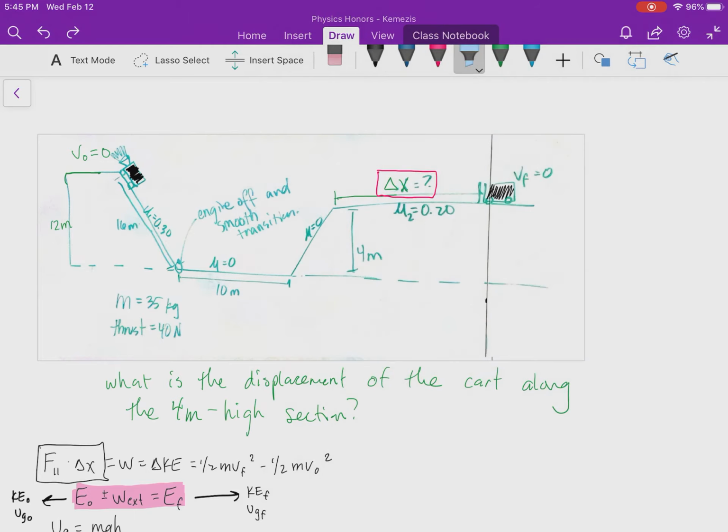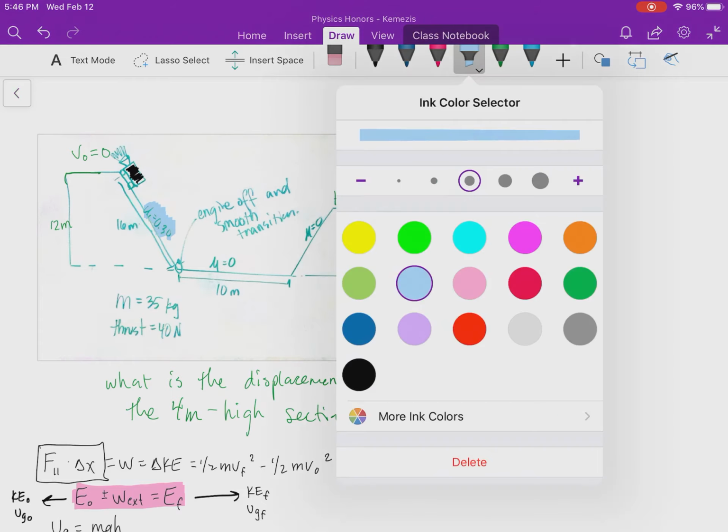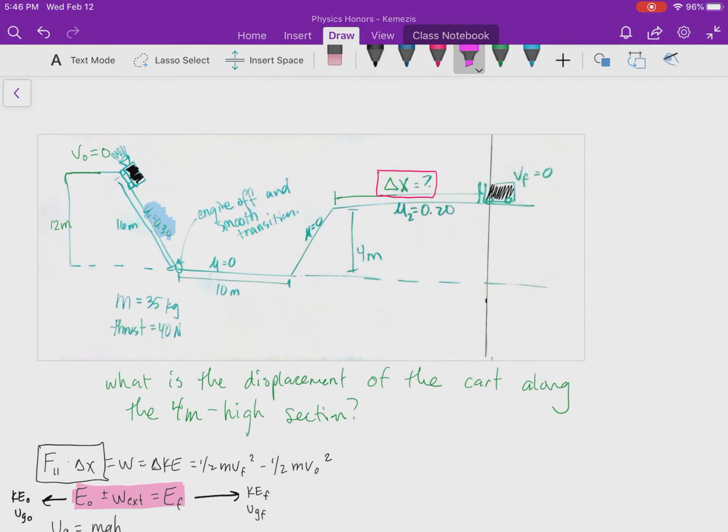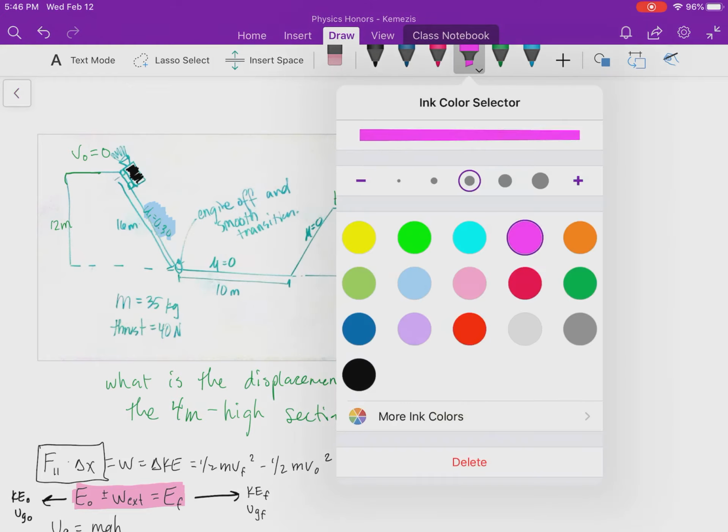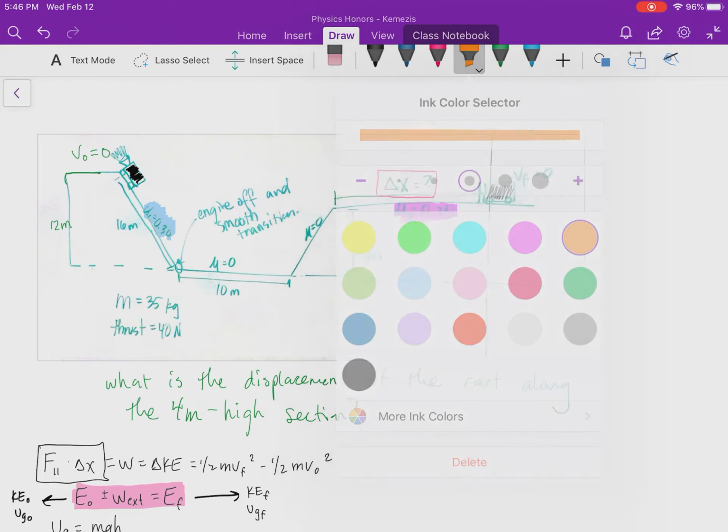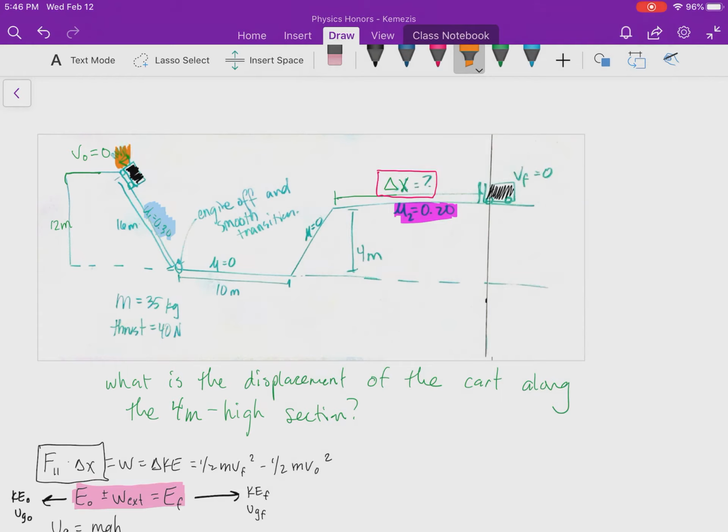Okay, so we have, right, the idea that there is some friction. There's actually 2 places that there's friction. So that is 2 places where there is going to be work that is external to the system. And then we also have the rocket thrust, that is another external force over displacement.